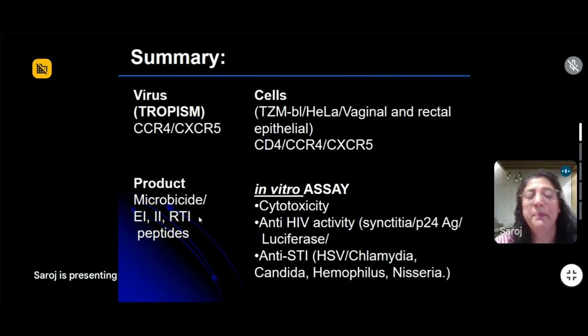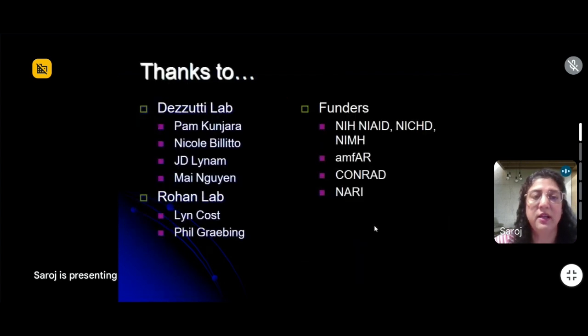But at the same time, we have seen that there are drugs available once you have virus inside your system that would reduce the viral count and reduce the multiplication of virus inside the system. You have lots of in vitro assays which will check the cytotoxicity, anti-HIV activity, and anti-STI activity, which is extremely important.